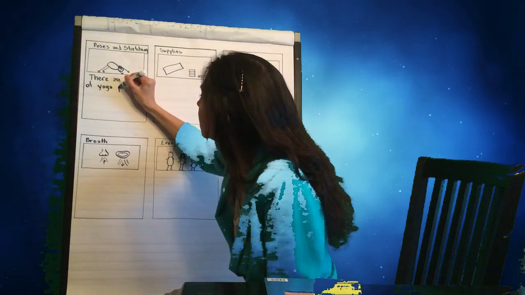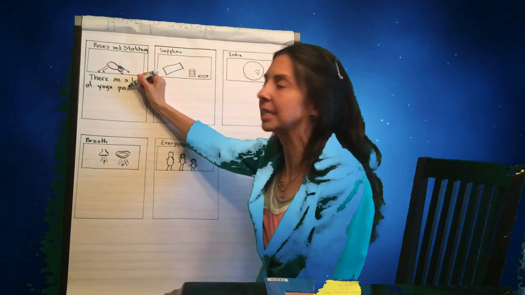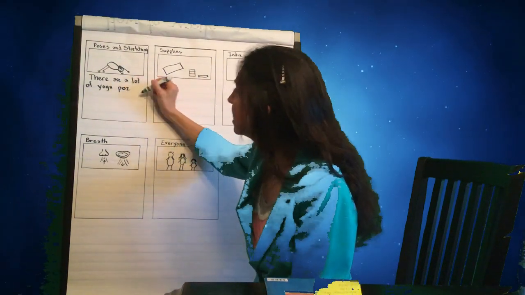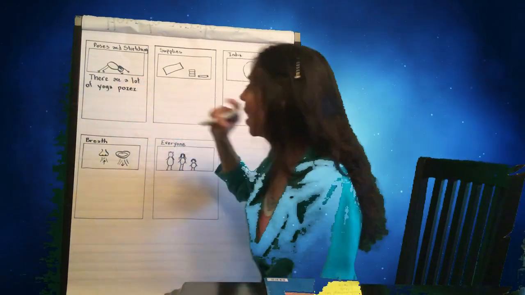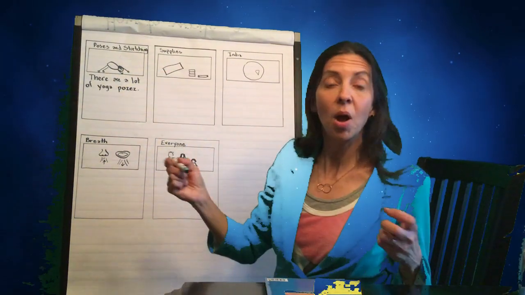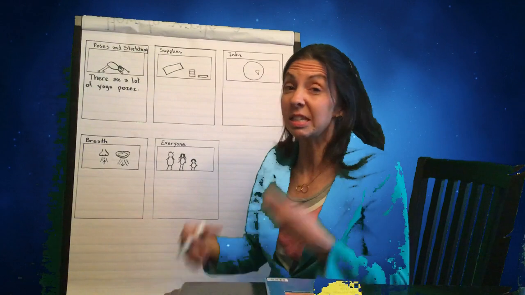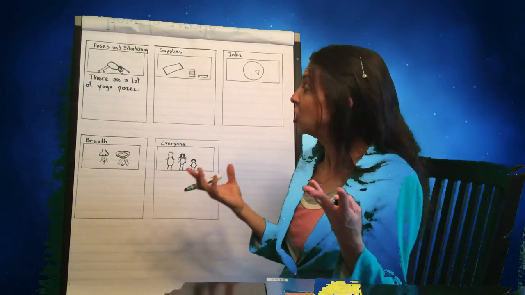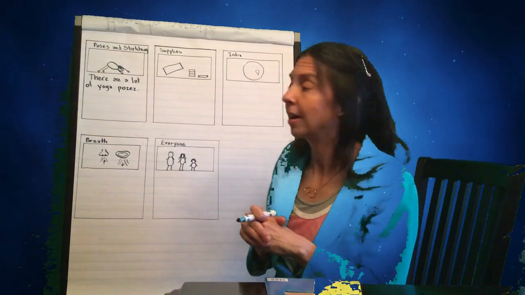Yoga poses. Poses. There are a lot of yoga poses, period. Notice how I worked really hard to stretch the sound in poses. If I have to come back and change that spelling later, I will do that.